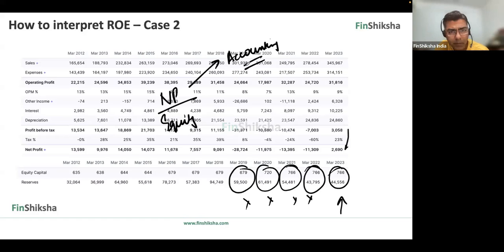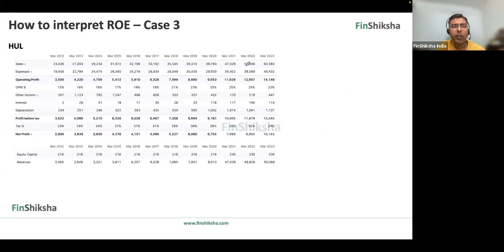Let's go one step further. Look at the third case. This is Hindustan Unilever, HUL. Look at, again, the numbers broadly across the years. Look at calculating the ROE somewhere here. 5,200 crore profit and about 7,000 odd crore equity. 5,000 by 7,000 would be approximately a 70% ROE.